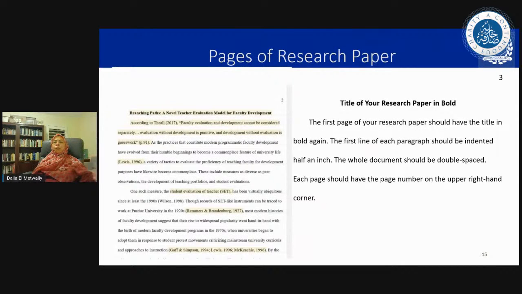Now, the actual first page of the research paper will always be page number 3. And page number 3 is the page that has the title again. This is where the paper itself starts. So it becomes important for us to put that title again in caps, right? It's title case, not regular.